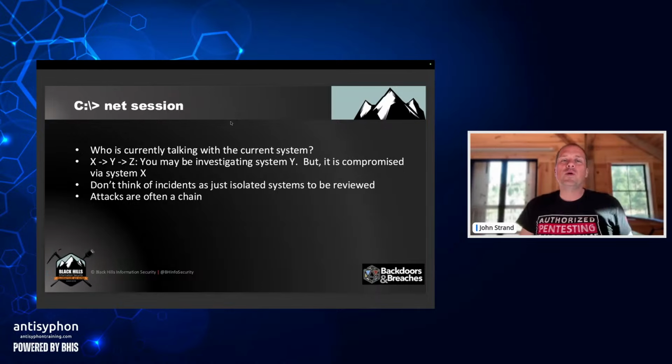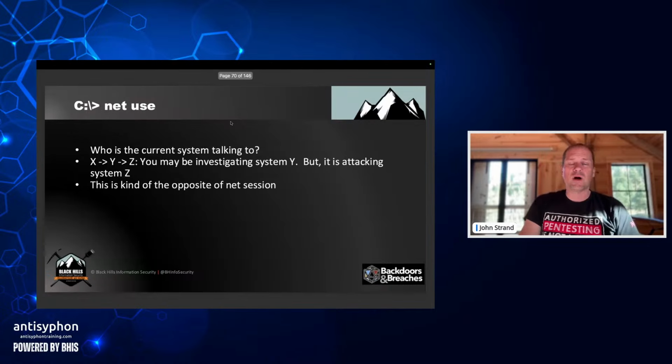So we can ask: who is talking with the system currently? Who has an open connection with me? And if we're Y, we will see that connection coming in from system X. So we can't think of incidents and malware as just one isolated computer system. We have to investigate how these computer systems are interrelated and how they're communicating with each other as well.